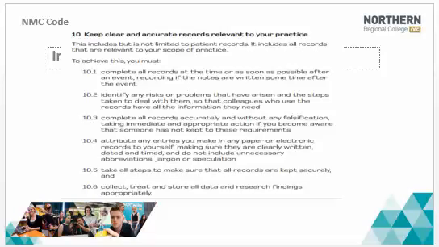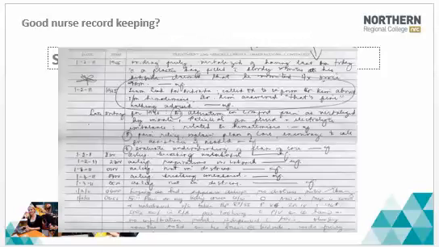You've got to be able to keep clear and accurate records relevant to your practice, and I've got an example here of one that isn't quite so clear, and even if I was to zoom in on that, I can assure you wouldn't understand a word that's saying. This is an example of bad, poor record keeping.